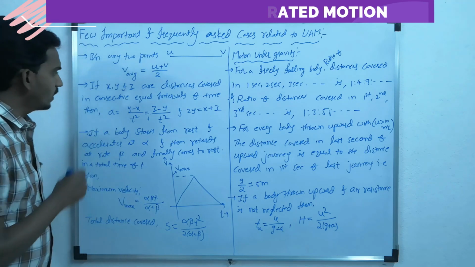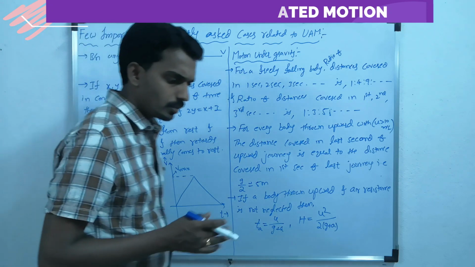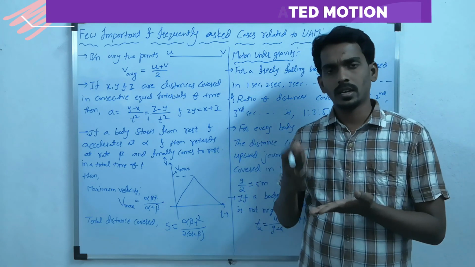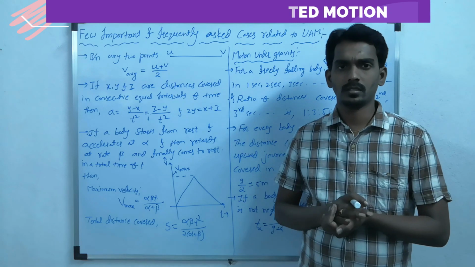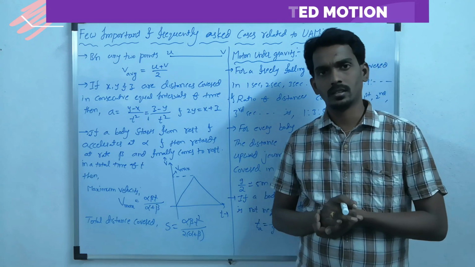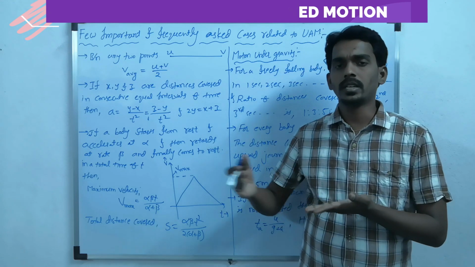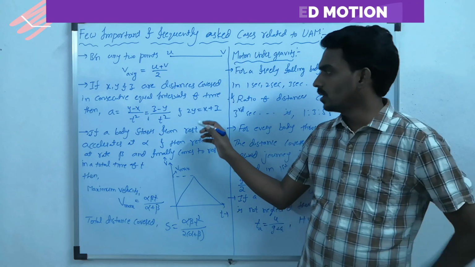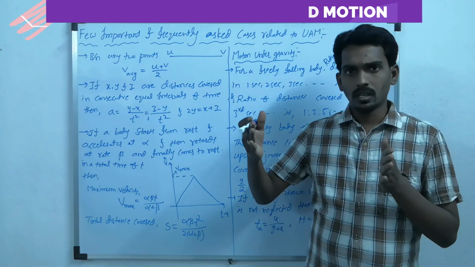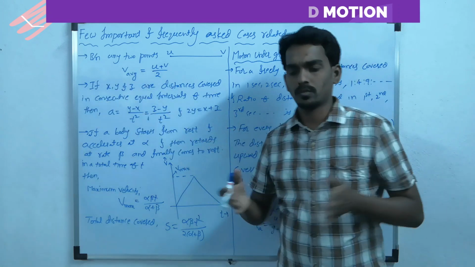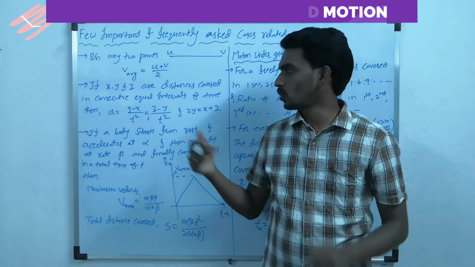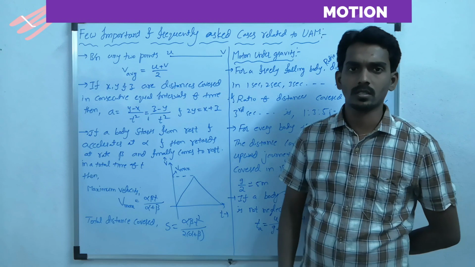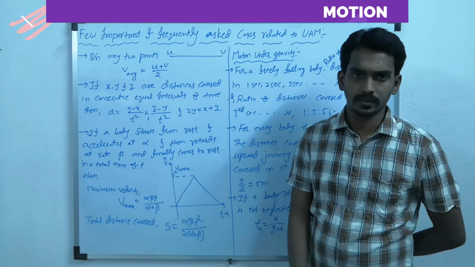Then the next point: if the body is traveling with uniform acceleration and it covered some distances x, y, z in successive equal intervals, like t time, next t time, next t time, and so on, then you can take the equation of motion for the first interval, second interval, third interval, so that you will get the acceleration, or you can get the relation between those distances where 2y equals x plus z.